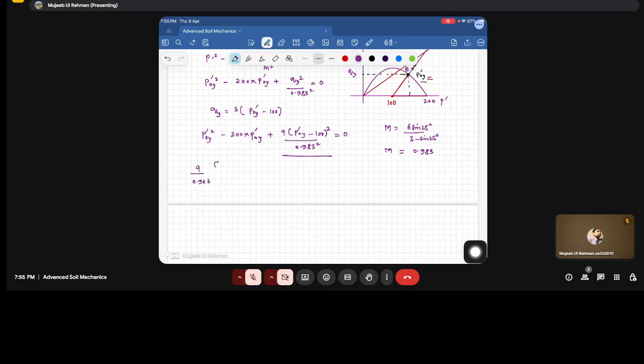0.966. It is p dash 0 y square plus tan is by 4 minus 200 times p dash y. Fine.